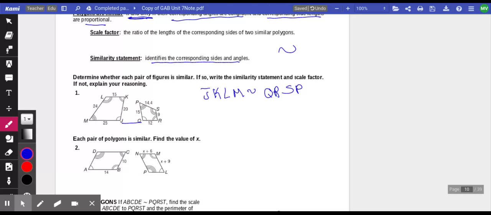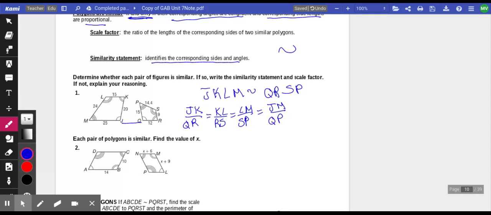My corresponding angles have to go together. That would mean that JK over QR is equal to KL over RS is equal to LM over SP is equal to JM over QP. So we need to make sure that all those are equal.